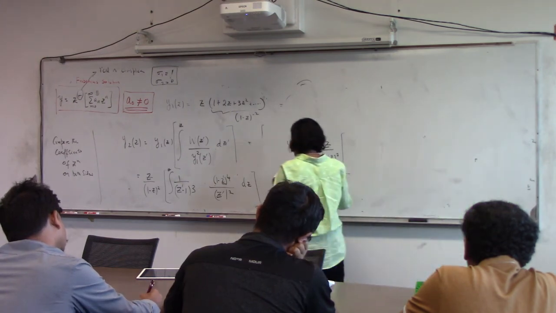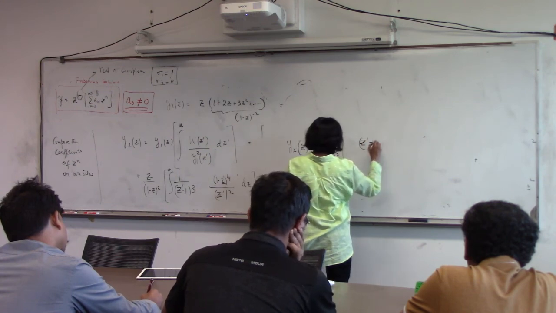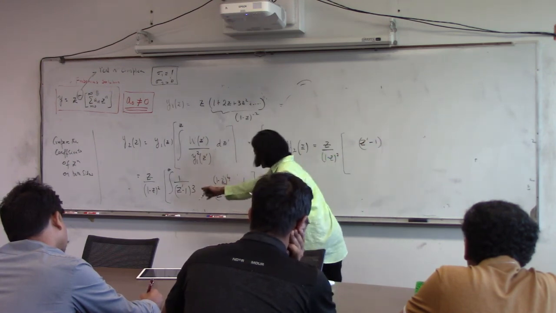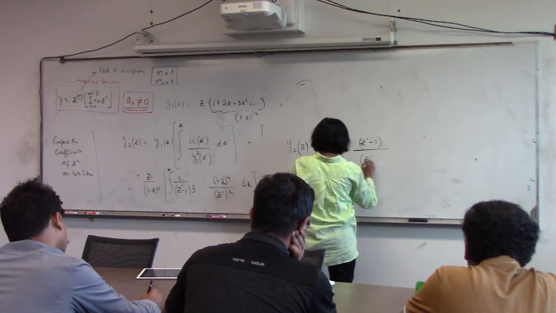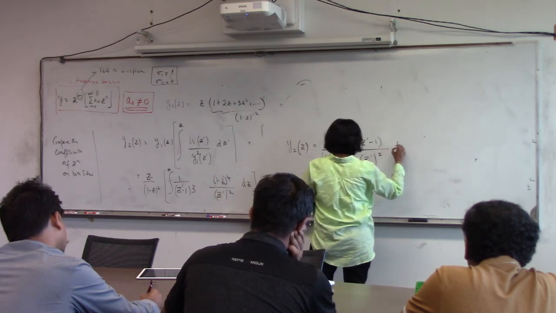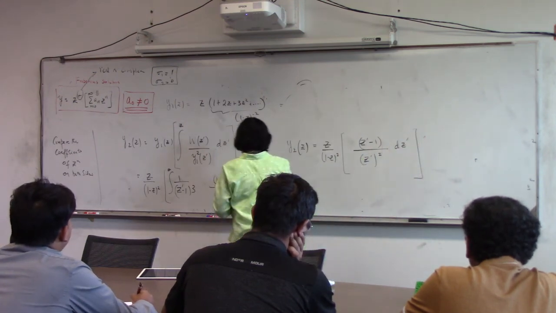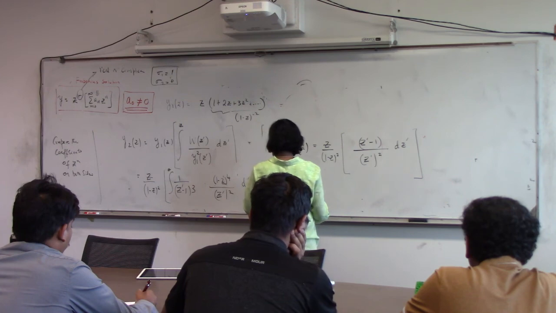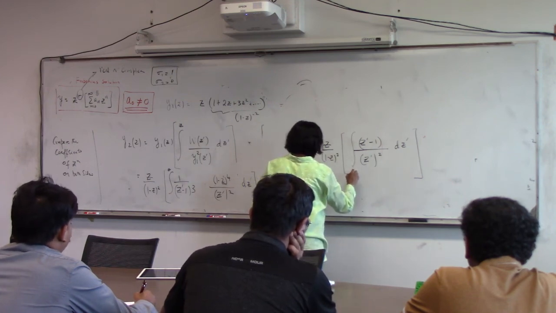Alright, so I'm going to write that as z prime minus 1 to the power of 4, and that will cancel then. There will be only one thing there, divided by z prime squared, dz prime, dz again. Oh, I still have to integrate that, yeah.